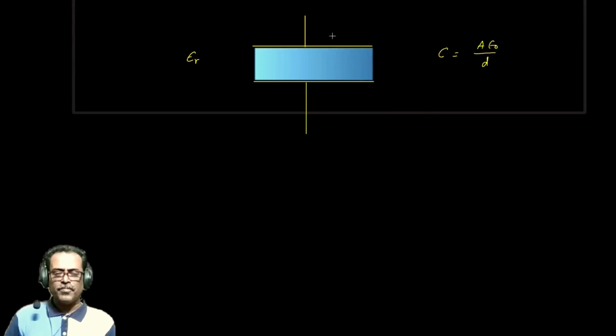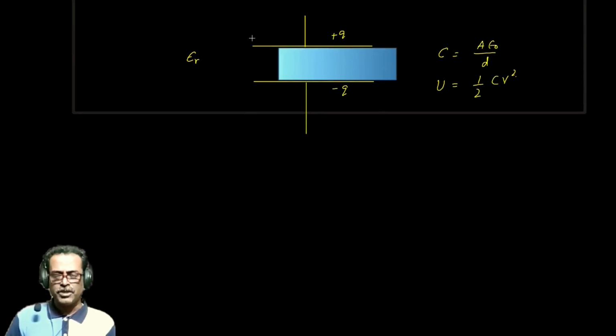Now if plus Q charge is given to the plates and the potential difference across the plates is constant, we can say that energy stored inside the dielectric is equal to half CV square. Now if we slightly displace this dielectric slab to a distance x from its mean position, suppose this is x distance.